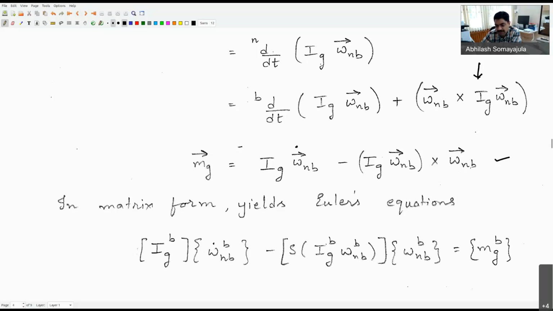Then that I'm going to pre-multiply with omega nb, and that should be equal to mg. Same concept as before. We are taking this coordinate free vector form and expressing it in a body fixed frame in the matrix form. That is why you will see superscripts here. There were no superscripts here.